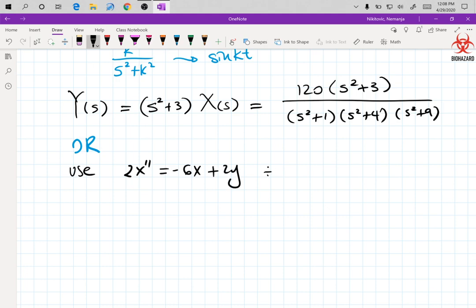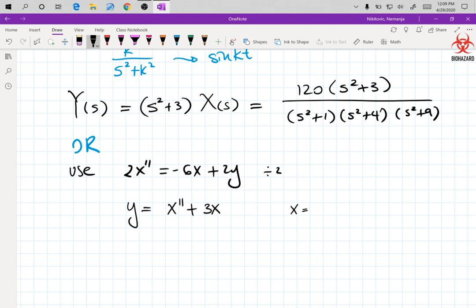When you divide this by 2, you get that y is equal to x double prime plus 3x. So we already know what x is.